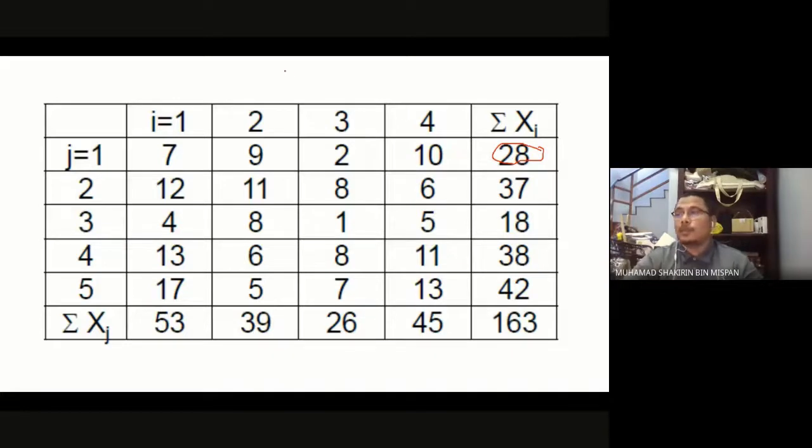So this is the summation of xi for j number 1, which is 28. If you have summation of x1j, it will be 53. Okay, so this is how you can calculate.